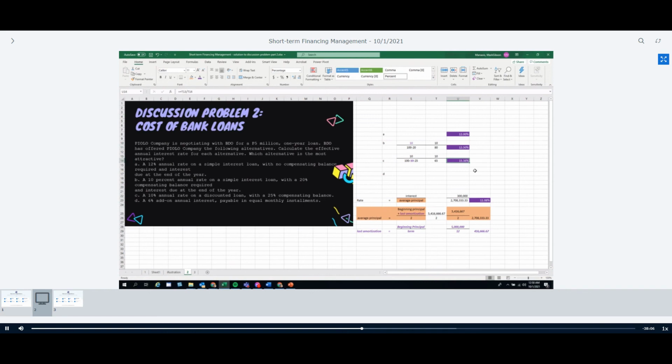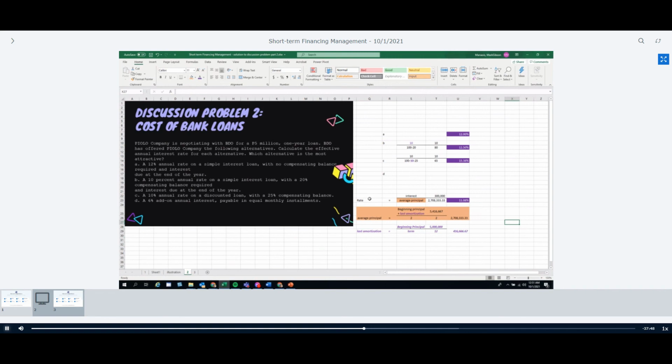Okay? So, tandaan, this formula is only applicable if it's add-on annual interest.